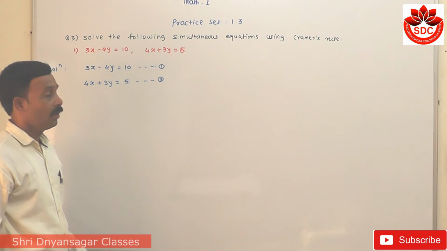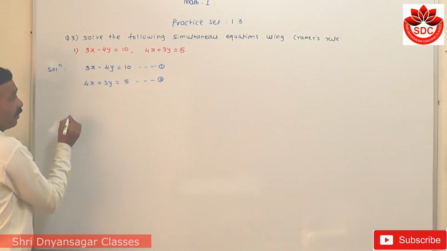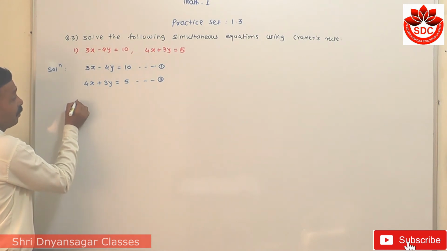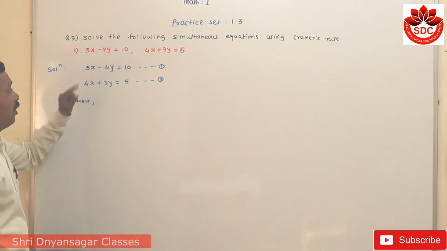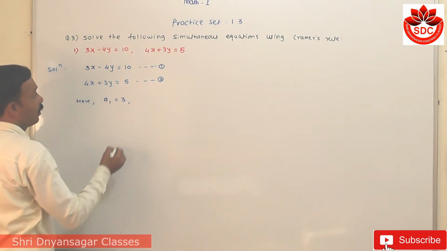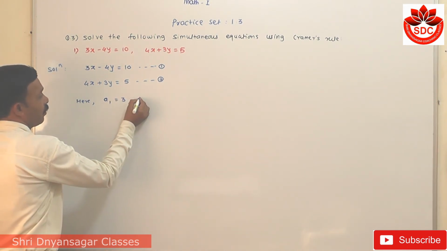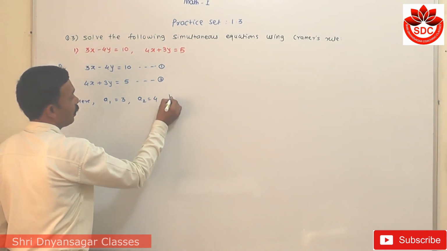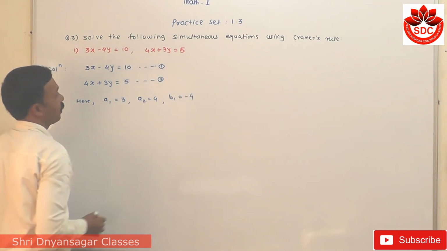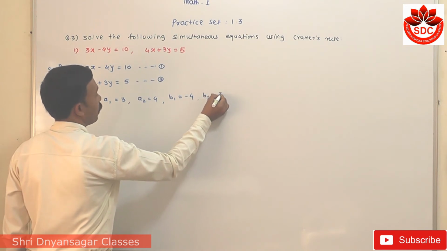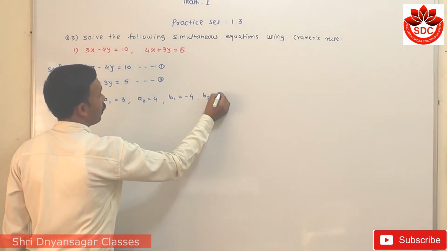Now in this, first we find the value of the determinants. When we compare it with the standard form, the value of a1 is equal to 3, the value of a2 is equal to 4, the value of b1 is equal to minus 4, and the value of b2 is equal to 3.